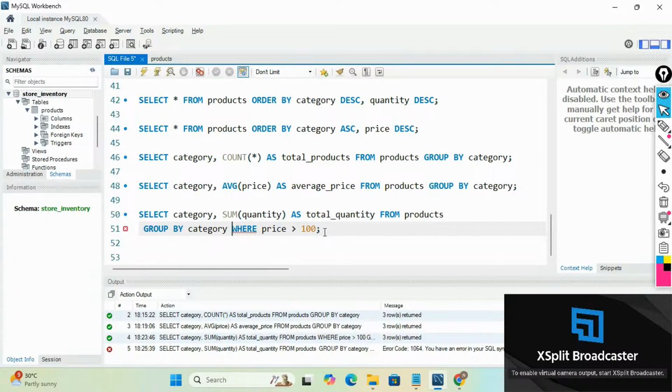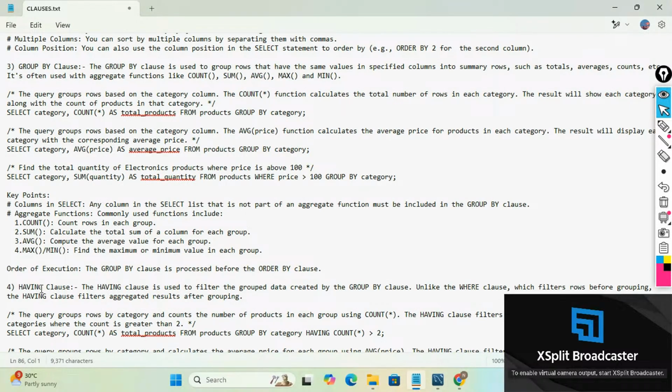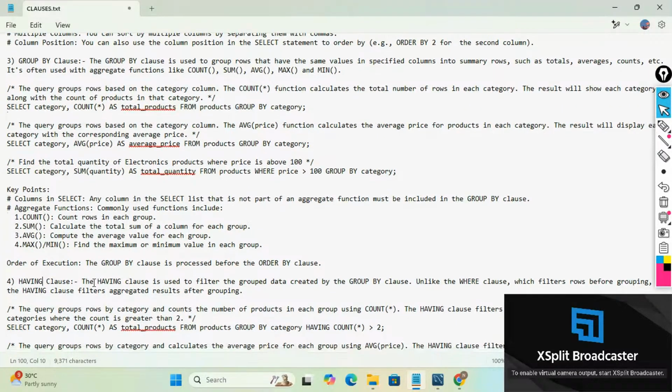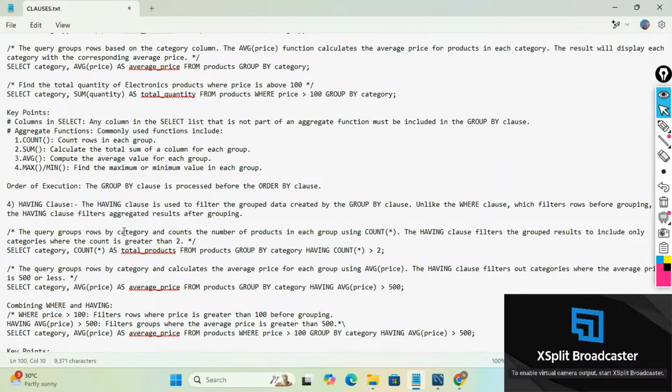This is a very important question with respect to interviews under clauses. Whenever you are trying to perform a filtering action on the grouped data, you cannot use the where clause. What clause can be used? It is having. Having is the next clause in the topic. This having clause is used to filter the data, but only the grouped data.